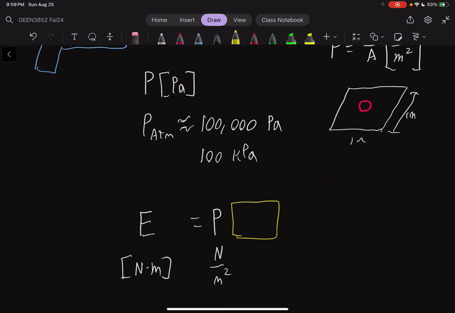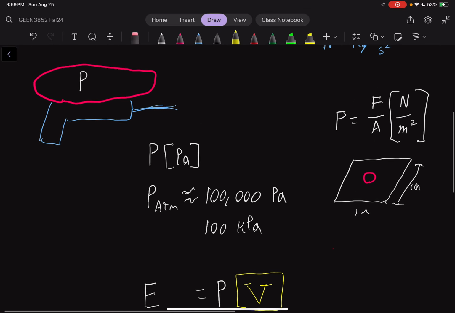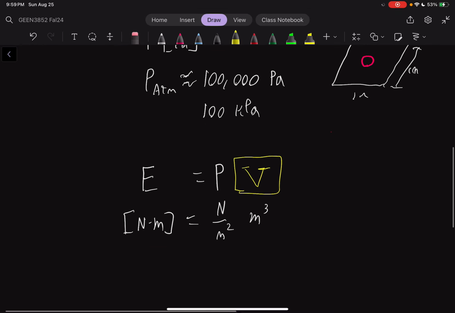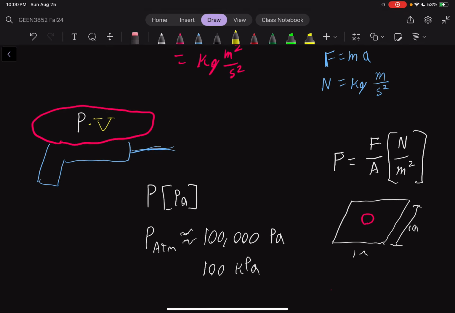And so if I'm trying to get to Newton meters, I need to multiply this by meters cubed. And the variable that has units of meters cubed is volume. So pressure times volume has units of energy. That's helpful. So the energy in this tank is equal to the pressure times the volume. And now they have the same units. This is really helpful because I don't have to know the formulas. I can figure them out by thinking through just the units.